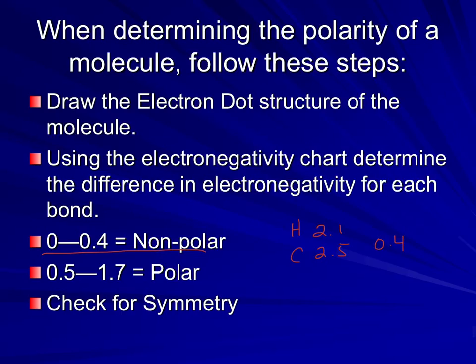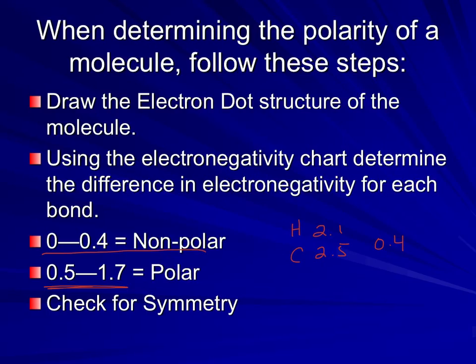Anything from 0.5 to 1.7, we are going to consider a truly polar bond, and when you get above 1.7, that's when you start running into your ionic bonds. So when we're sticking to just covalent, these ranges are going to be what gives you your polar molecules.